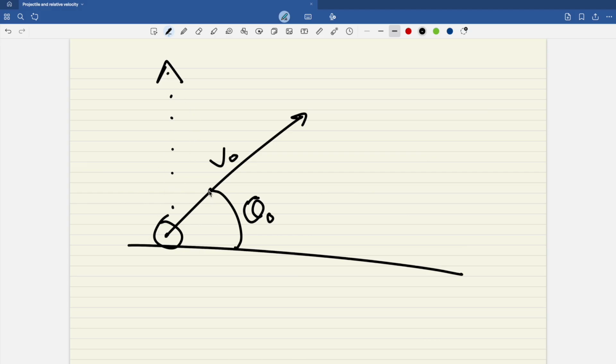It's also moving horizontally, so that it creates a projectile motion. It's a curved trajectory. But as we mentioned before, Vx is negligible.